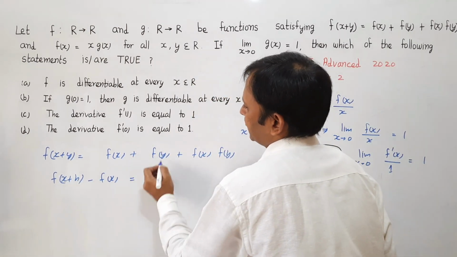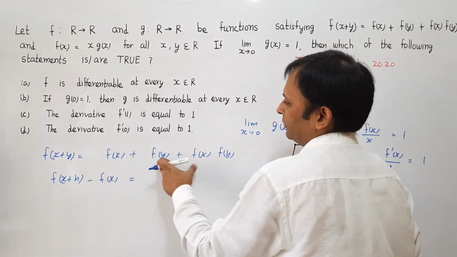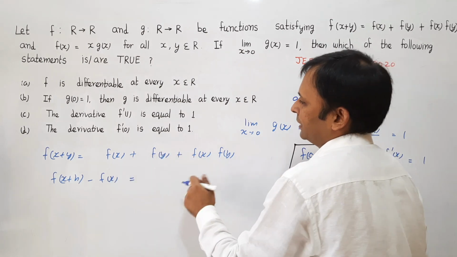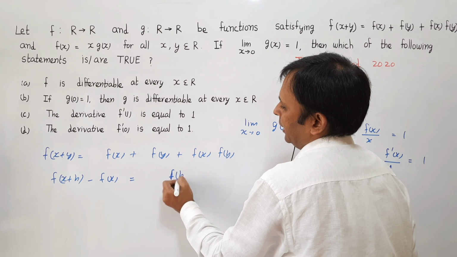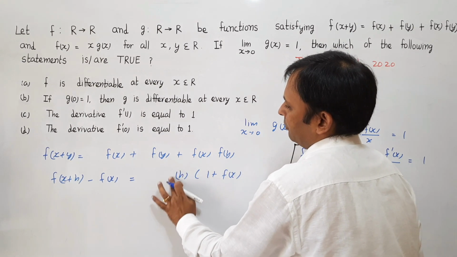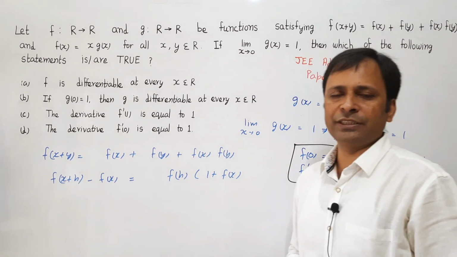Now I can take f(y) common, and y I have taken as h, so I take f(h) common. This becomes f(x+h) - f(x) = f(h)(1 + f(x)). Now I will divide by h on both sides. Why?